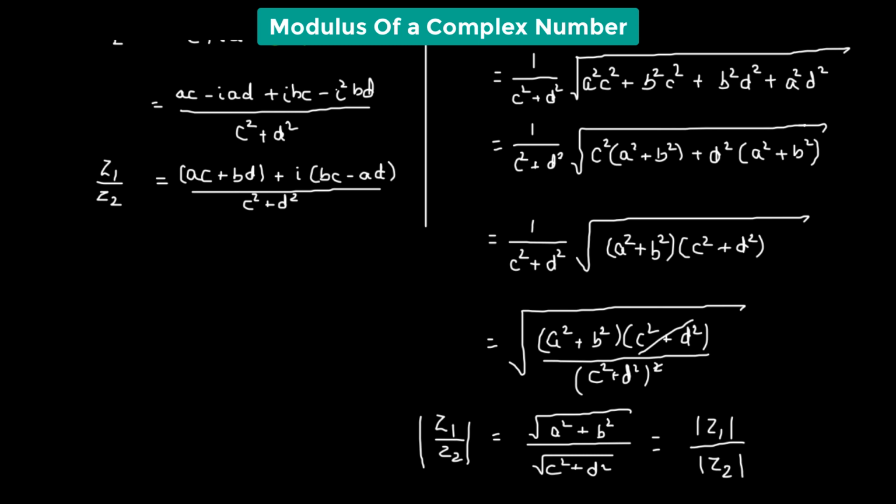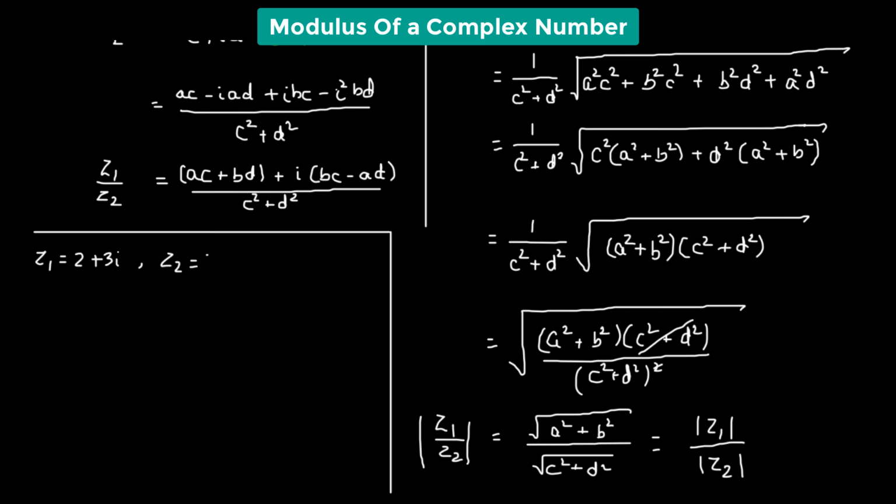Now when does this proof become useful? Let us do one example here. Let's say we have two complex numbers, z1 given by 2 plus 3i and z2 equal to 3 plus 2i.